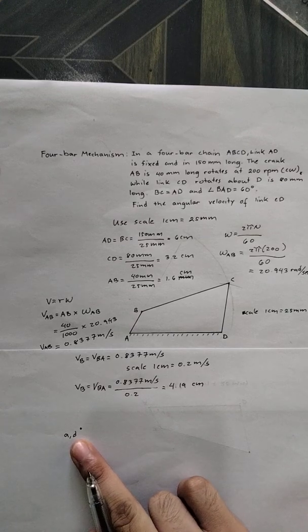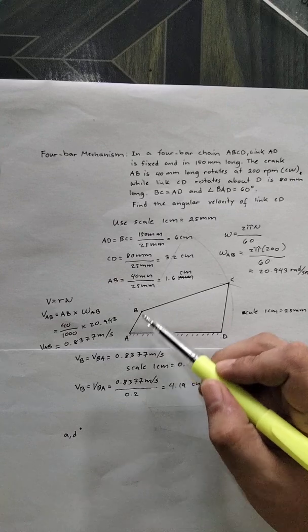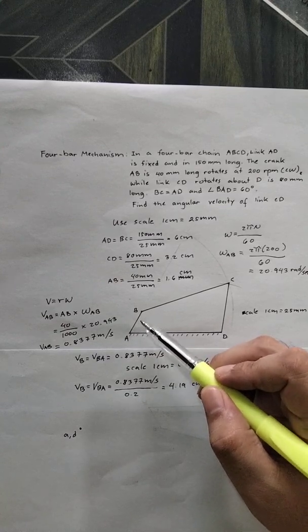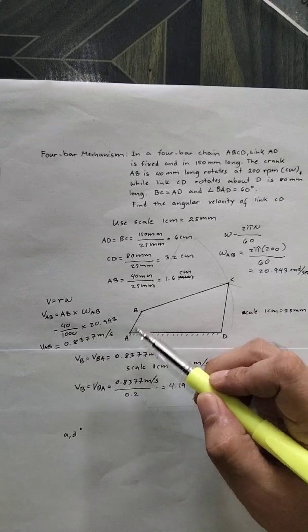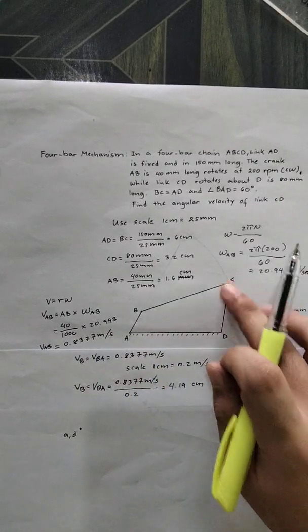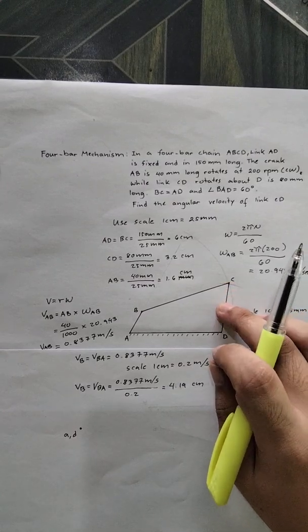So we know that the linear velocity always acts perpendicular to the link, as mentioned in the previous discussion. Every linear velocity will always act perpendicular to the link.